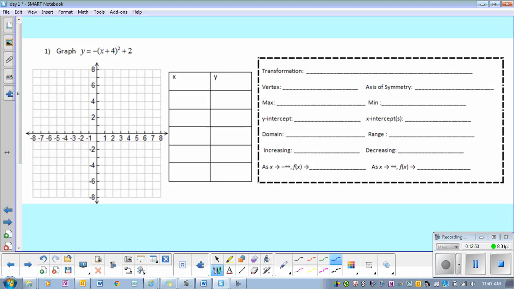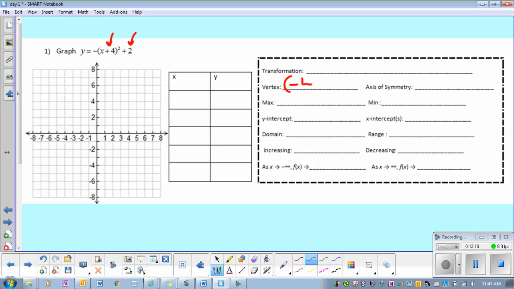So, let's go back to number 1. What form is this in? Standard, vertex, or intercept? Vertex. So I can go and get my vertex right away. Opposite h, comma, k. Right here is x plus 4. So what is the x number?